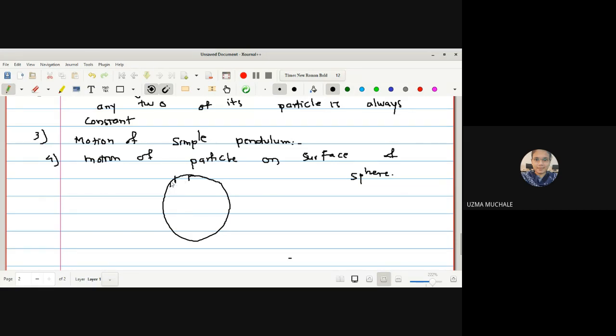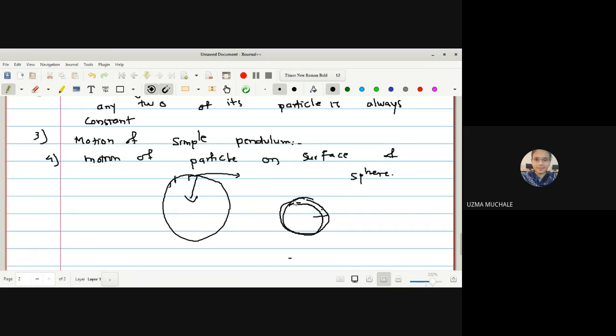So what is the restriction on them? The motion of a particle on the surface of a sphere is such that it cannot go beyond, and it cannot go inside that sphere. You can consider the example: suppose one ball, a football, volleyball or cricket ball.